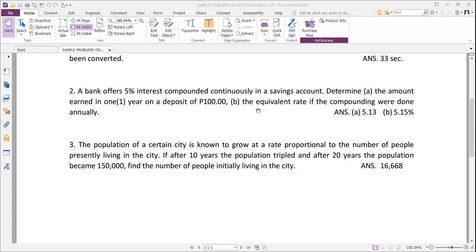And then letter B, what should be the equivalent rate if the compounding were done annually? To take note, the question here is asking what is the true interest rate, and that is the equivalent rate if the manner of compounding the interest together with the principal is done once a year. This is what it means. We're done annually.